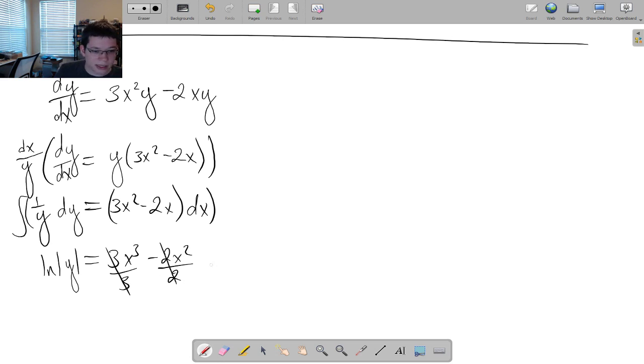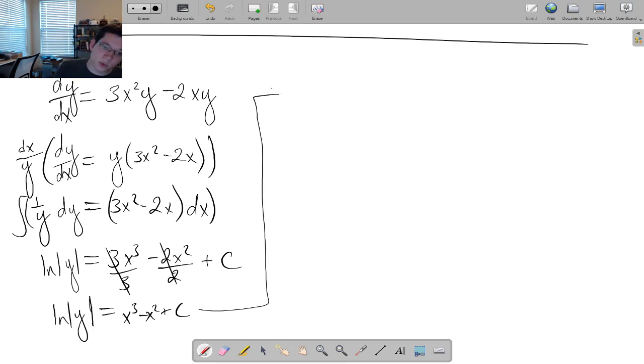And it looks like I planned that, and I totally didn't. Plus c, so then we have the natural log of y equal to x cubed minus x squared plus a constant, which is nice, but we're really more interested in what is y.